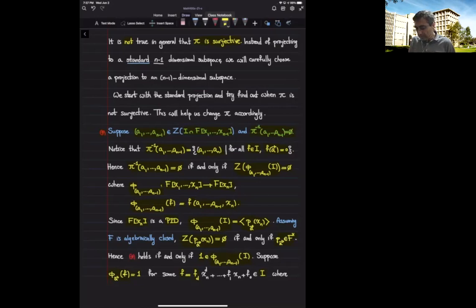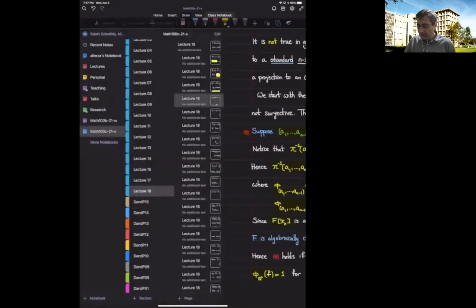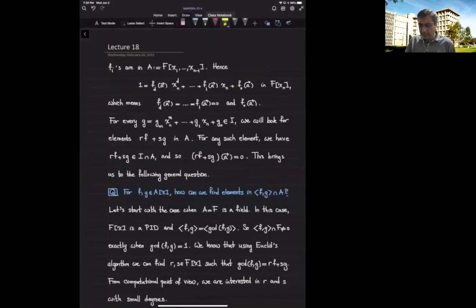So f is a polynomial in terms of x1 through x sub n minus 1 times x sub n raised to power d. The same for x sub n raised to power d minus 1, and so on, f sub 1 times x sub n plus f sub 0, and it is inside the ideal I. And the f sub i's are in the ring of polynomials with one less variable.